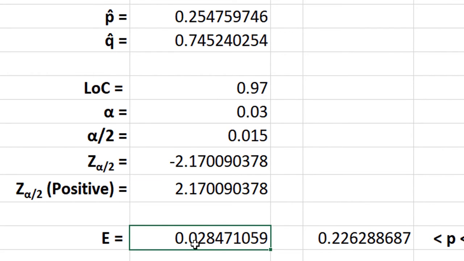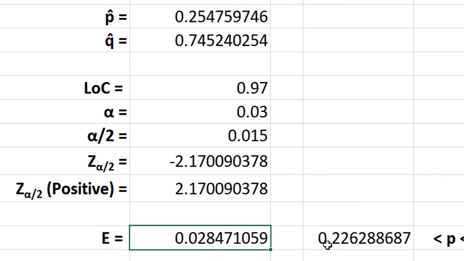When I put that in the formula for E, I end up with, again, the number that I showed you on the actual description page of the problem. I end up with 0.02847, or I might have put 0.0285.